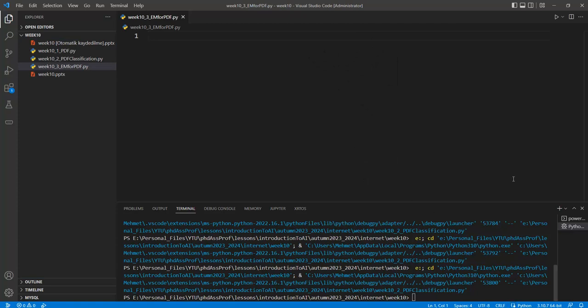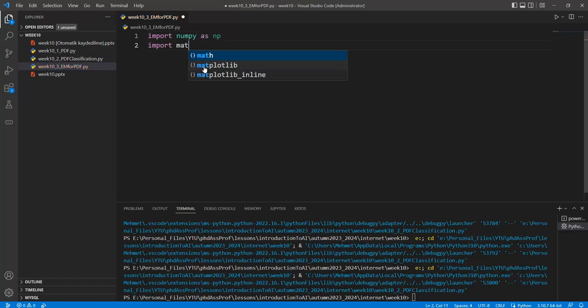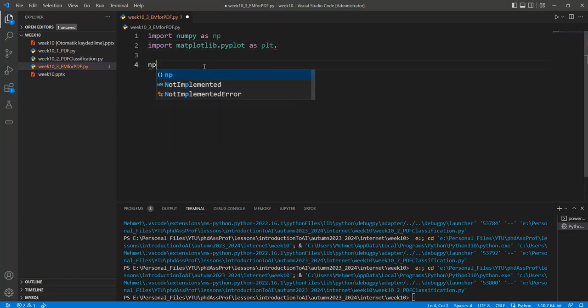Okay? So, I can easily set that import numpy as np, import matplotlib.pyplot as plt. Okay, np random seed 42 for example.